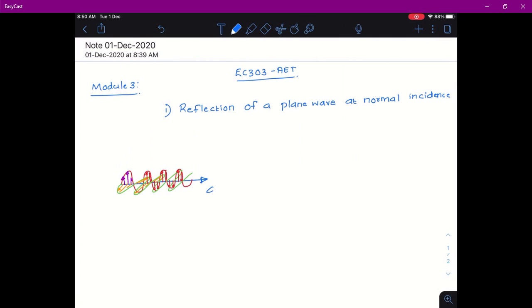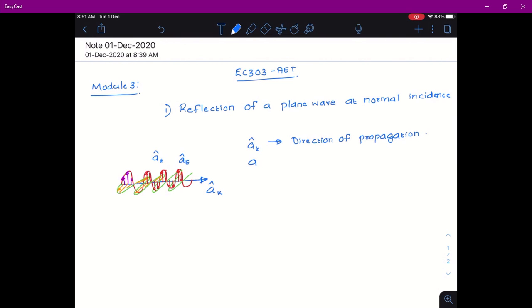So we can represent the direction of propagation as a_k cap, the direction of the electric field as a_E cap, and the direction of the magnetic field as a_H cap. Okay. So wherever you see a_k cap, you are saying it is the direction of propagation.